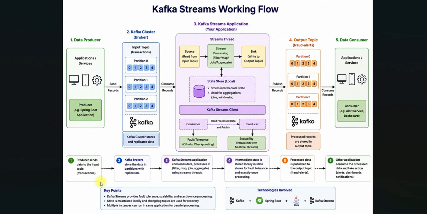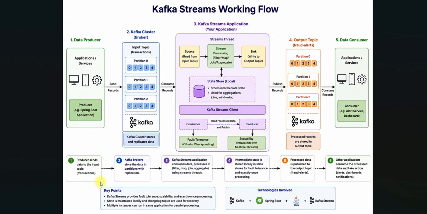So, in summary: the producer sends data to the input topic, transactions. The Kafka broker stores the data in partitions with replication. The Kafka Streams application consumes the data and processes it, filter, map, join, aggregate, using stream threads.